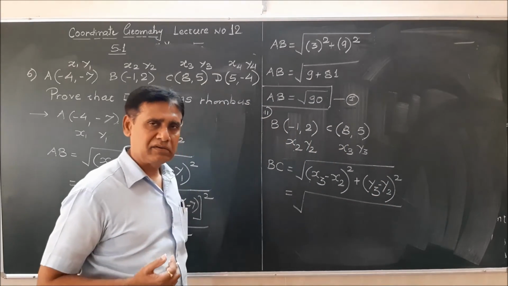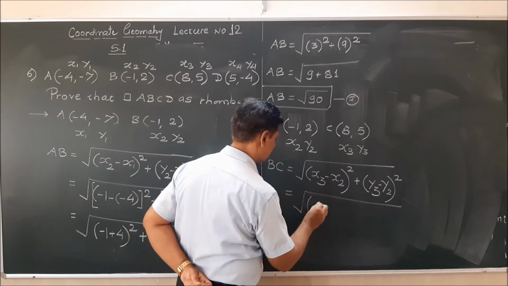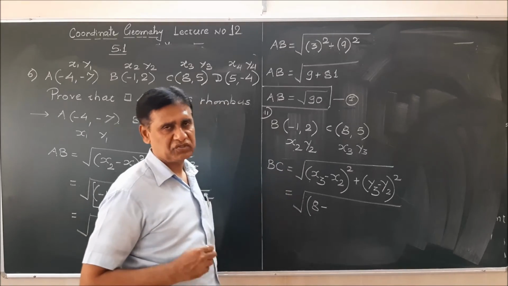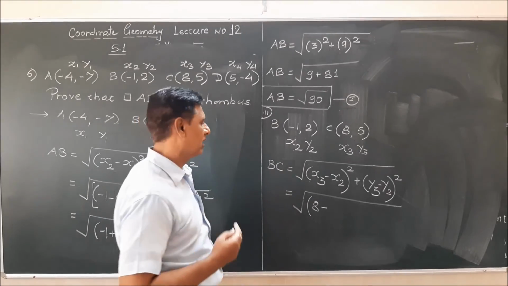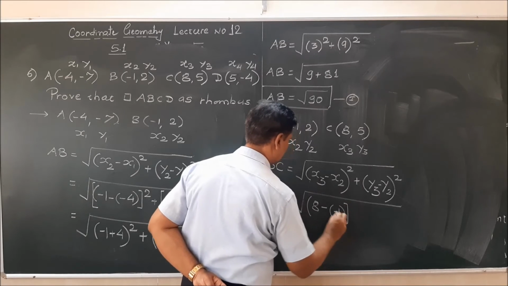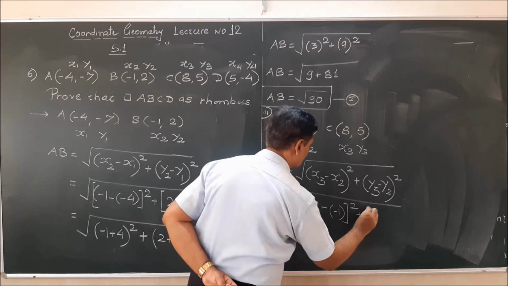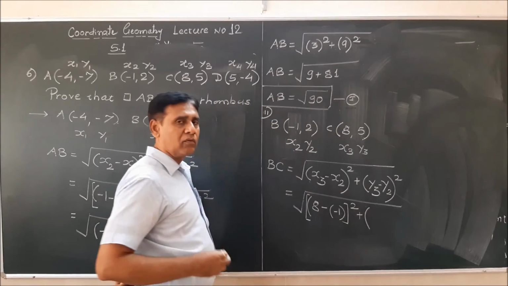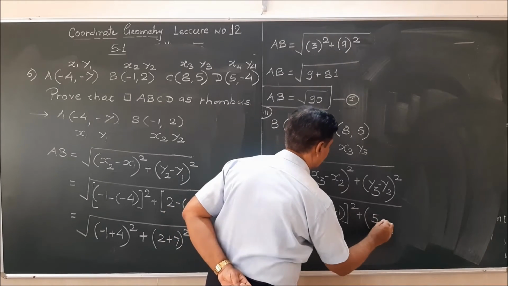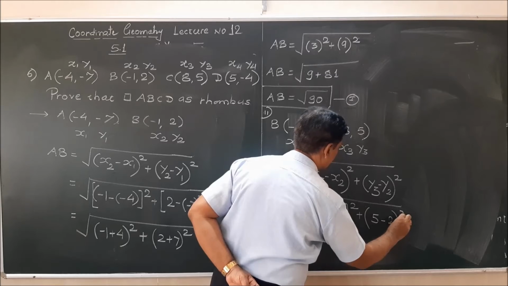Now let's substitute the values. The value of x3 is 8 minus the value of x2, which is minus 1. Again you have to be careful over here. Minus of minus 1, the whole square, plus y3. Now what is the value of y3? y3 is 5. 5 minus 2 the whole square.